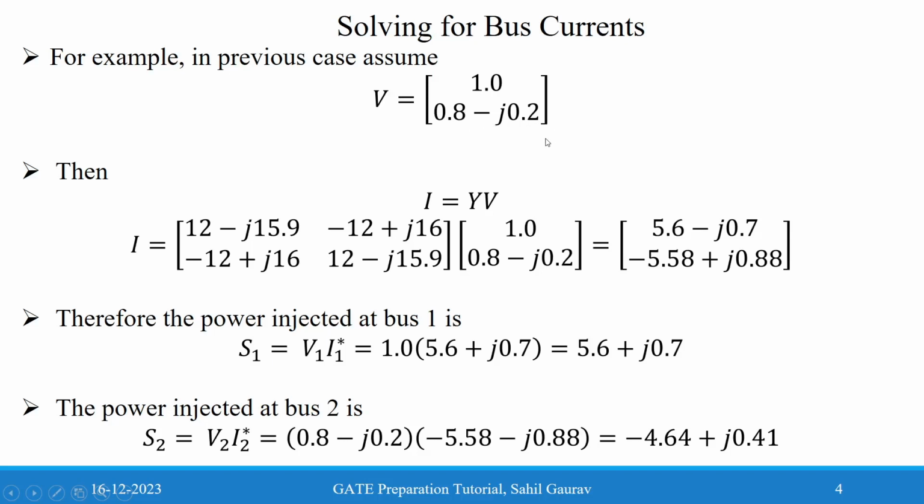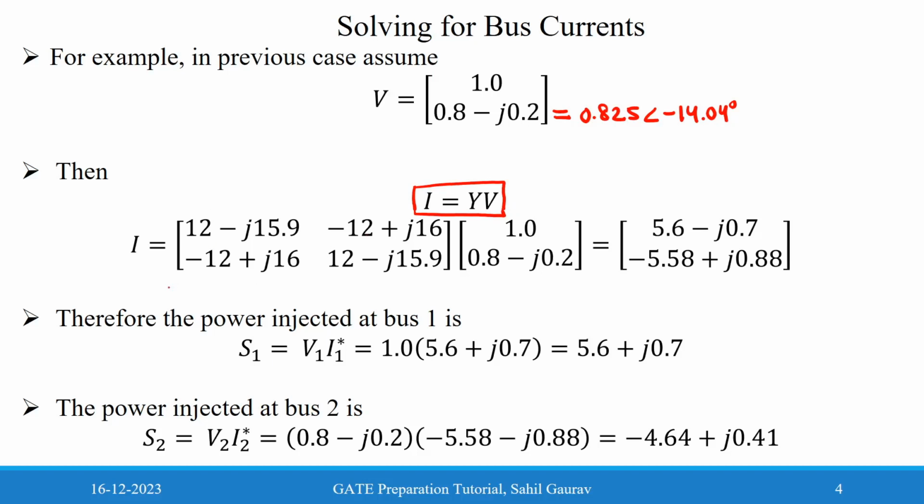If you write it in phasor form, this will be 0.825 at the angle of minus 14.04 degrees. Since we know that I is equal to YV, we just have to put in all these values and we can find the current injection at buses 1 and 2 respectively.